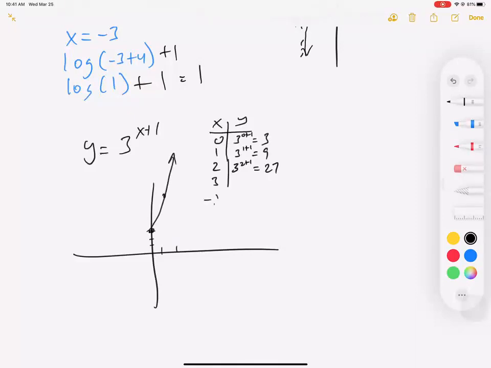What does it look like at negative 1? 3 to the negative 1 plus 1 is 3 to the 0, which is 1. And at negative 2, 3 to the negative 2 plus 1 is 3 to the negative 1, which is 1/3.